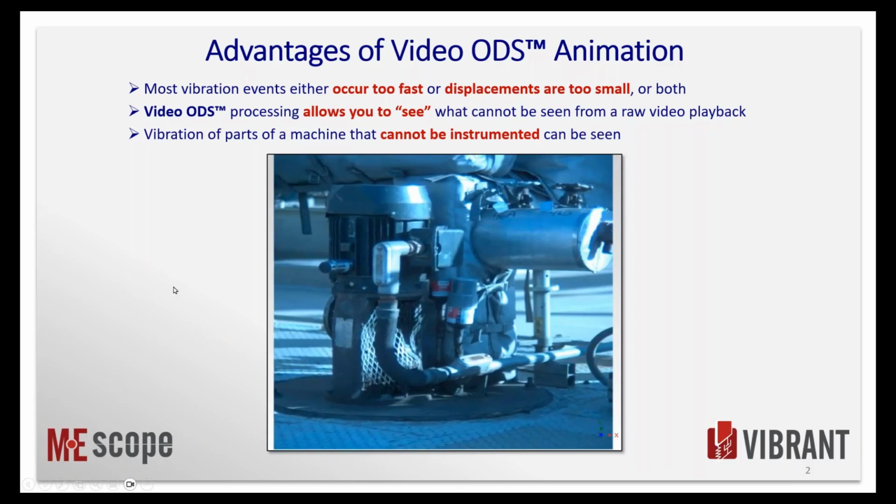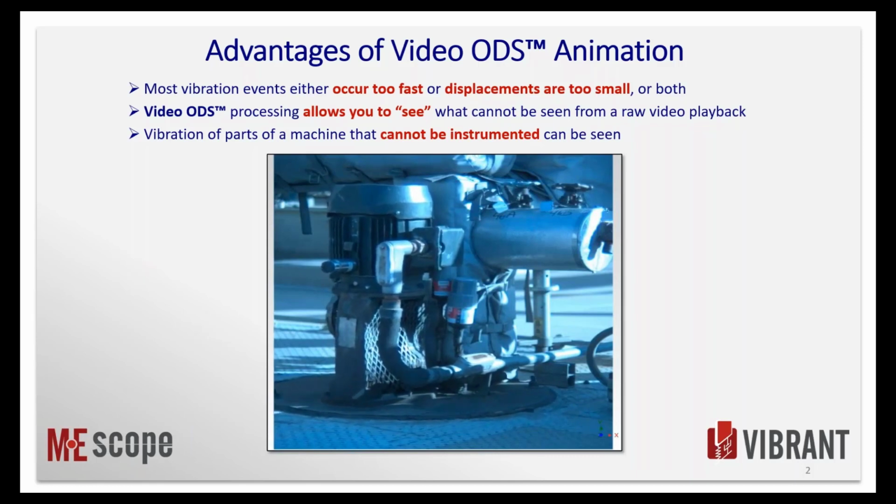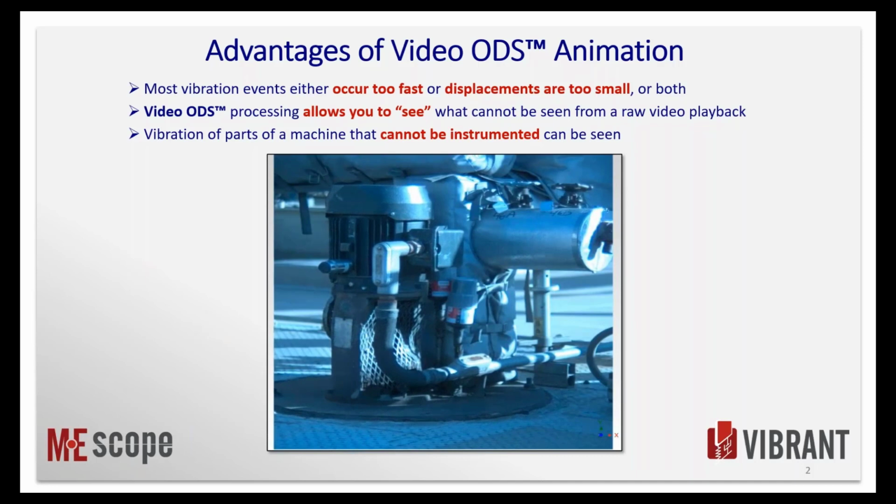Okay, so I wanted to get the animation going. Let's go through some slides first. I'm going to go through a number of slides and introduce the topic of cell phone videos and how we extract an ODS, or an operating reflection shape, from a video. This is a relatively new technology.